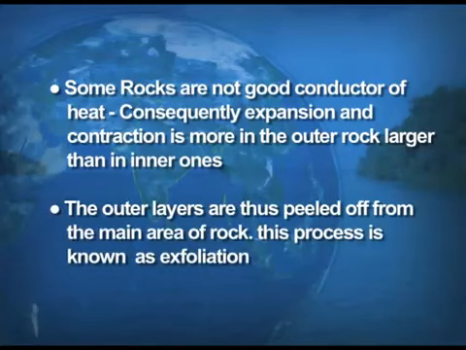When I take up the term exfoliation, you can correlate it with the layers of an onion, like the layers get peeled off. So, exfoliation on the rocks means when only the upper part of the rock is removed. The outer layers are thus peeled off from the main body of the rock, and this process is known as exfoliation.